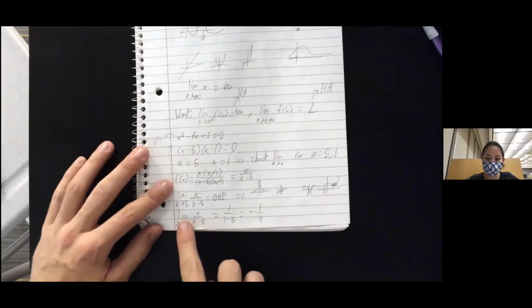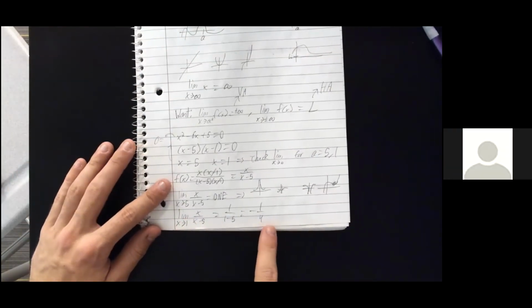Does that clear up vertical asymptotes for you? Awesome. So x equals 1, would that not be a vertical asymptote? No. And the reason for that is because when we plugged it in, we got a number out of it, right?